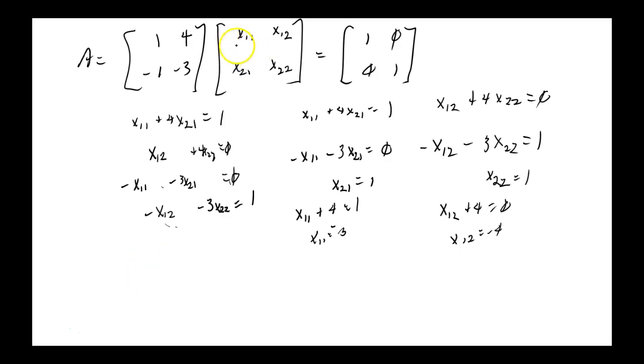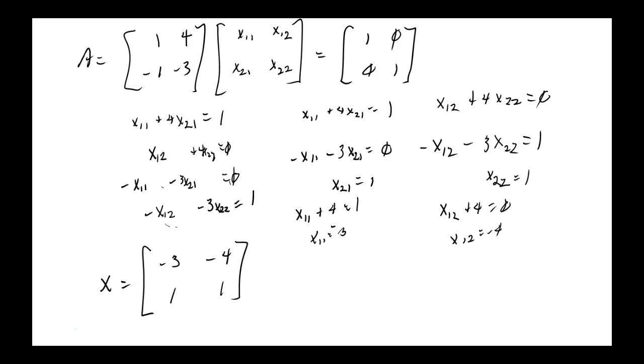So your X matrix, put the ones in their place. X11 is negative 3, X12 is minus 4, X21 is 1, and X22 is 1. Okay. Negative 3, negative 4, 1, 1.